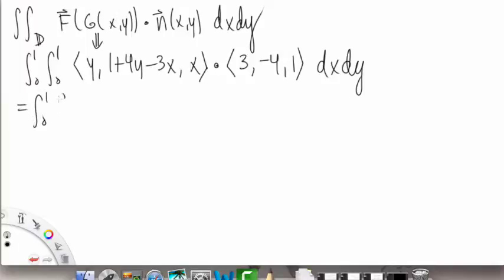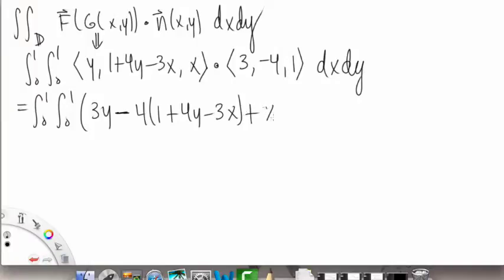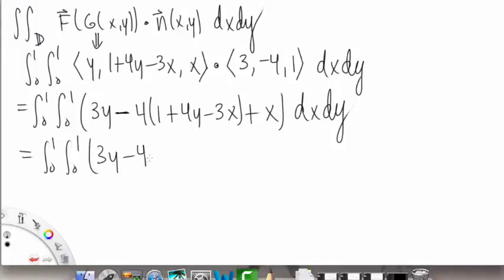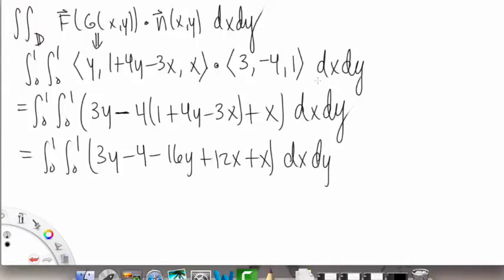Okay, so let's dot this out. We still have our integrals here. The first product is 3y, and then we get minus 4 times the second component, which is 1 plus 4y minus 3x, plus the third component's product. Now let's distribute that in. We get the integral from 0 to 1, 0 to 1, of 3y minus 4 minus 16y plus 12x plus x, dx dy.